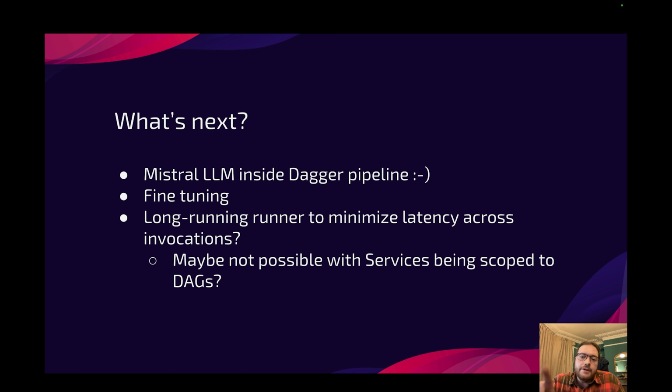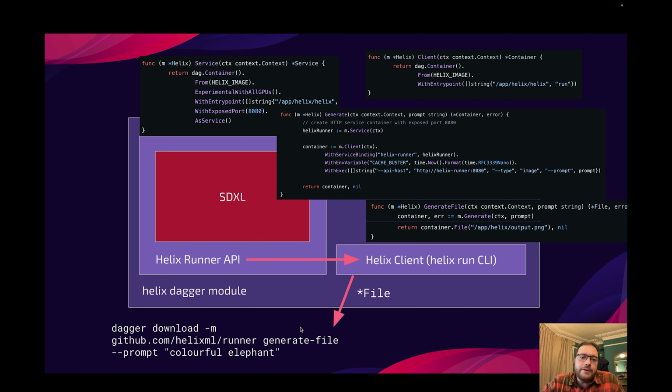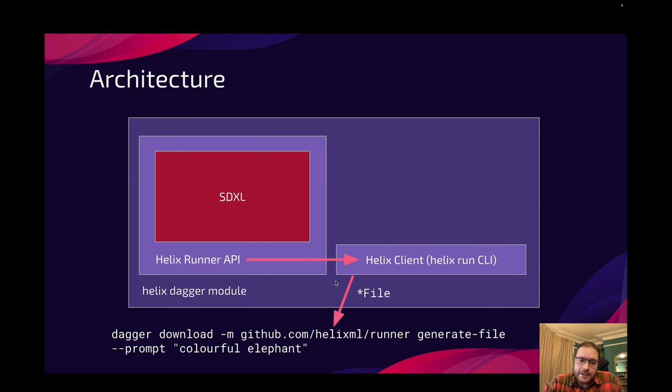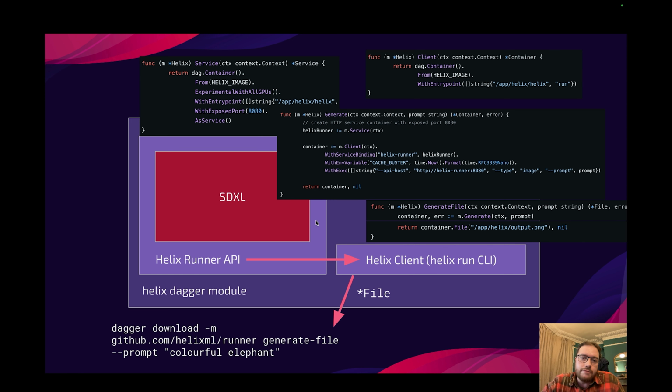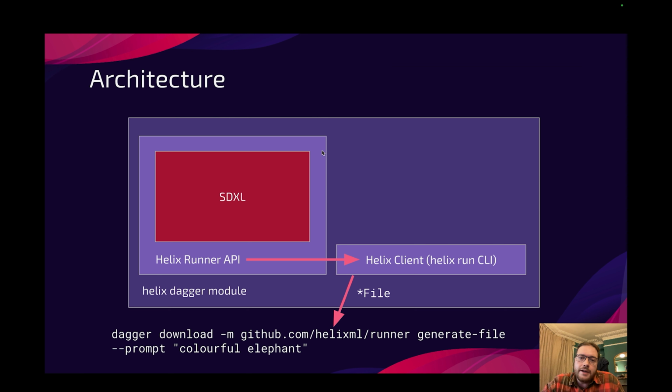And then I also had this puzzle, which people on the call might be able to help me with. One of the points of this client-server architecture, and the whole reason that the runner runs as a service, is that the way these models work is that they take like 30 to 60 seconds when they start up.